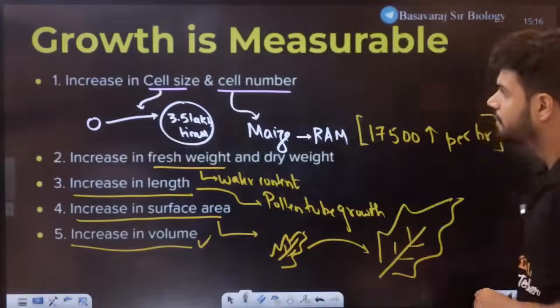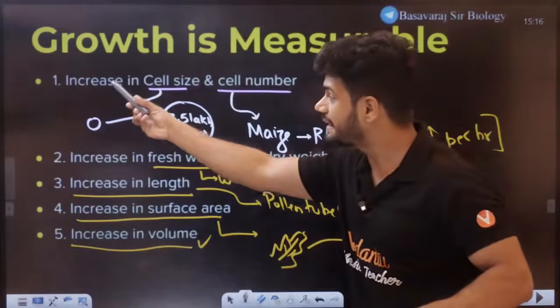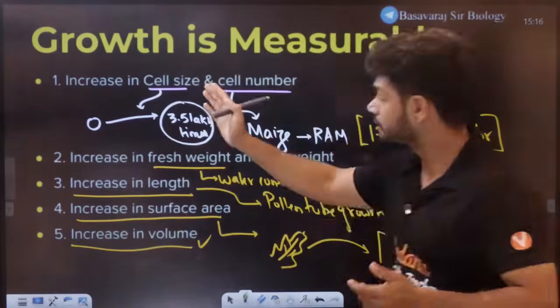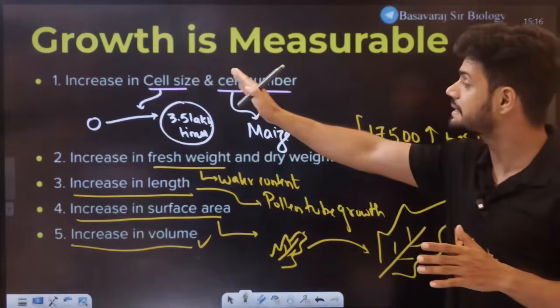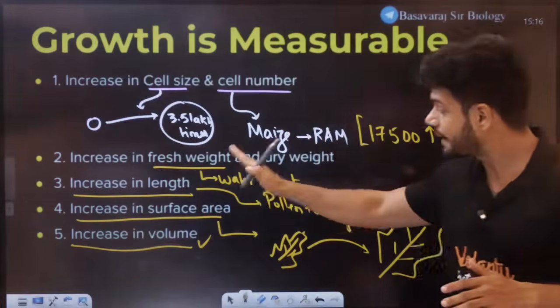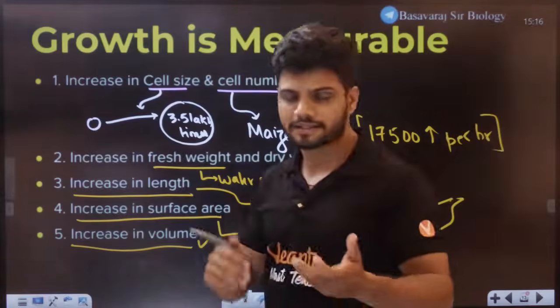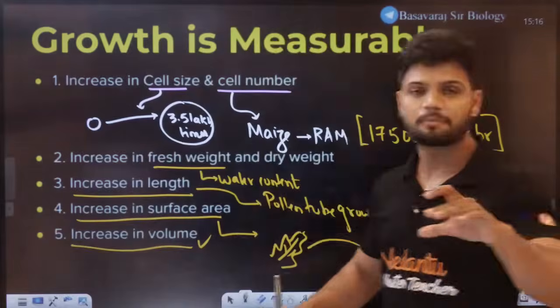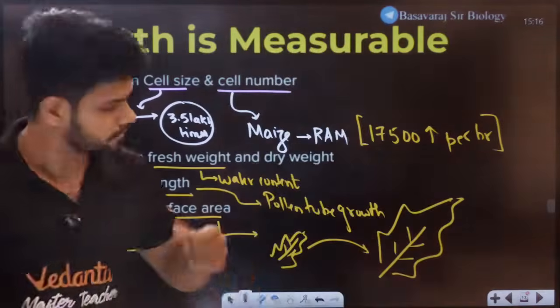For example, we can count the increase in number of cells. We can look at the increase in cell number and cell size, increase in fresh weight and dry weight. Obviously there's a difference in fresh weight and dry weight. Then increase in length, for example pollen tube growth, right?